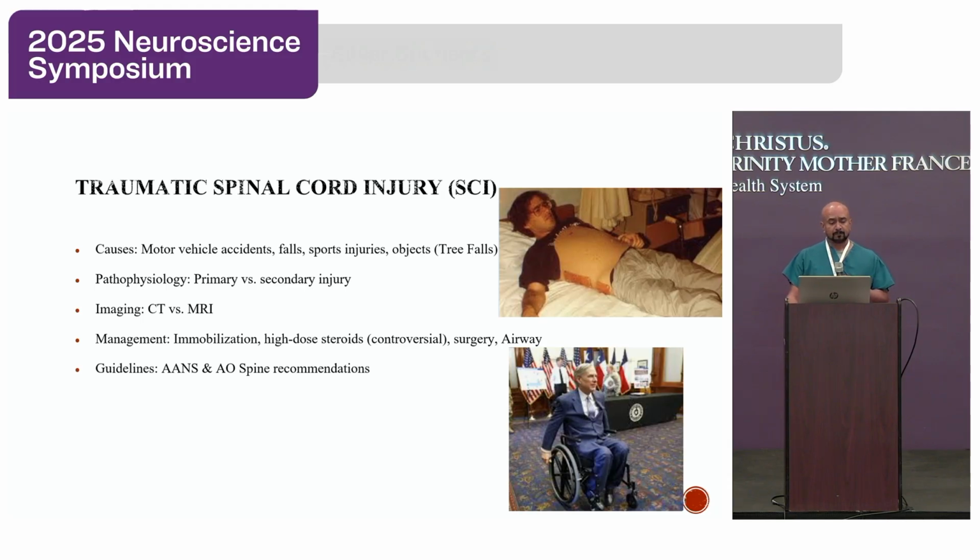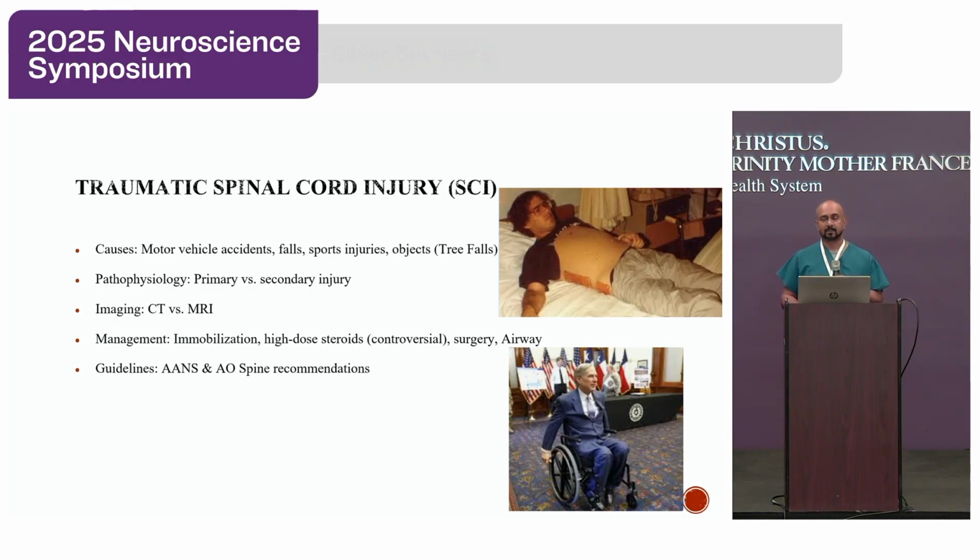So pathophysiology of traumatic spinal cord injury, primary versus secondary injury, we'll talk about that. What is the choice of imaging, CT versus MRI? We'll talk about that. So the management is initially, as soon as the patient comes, immobilization is very important. Sometimes we forget this in the moment. It's very important. Cervical spine with the C-collar, or even thoracic spine, lumbar spines.